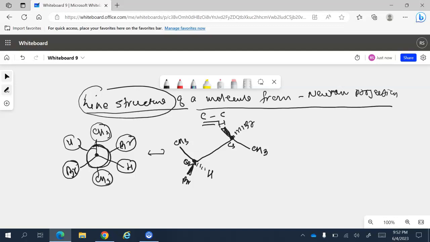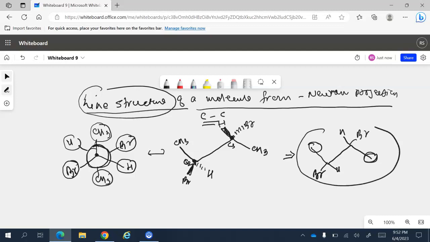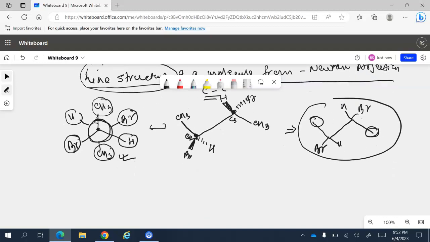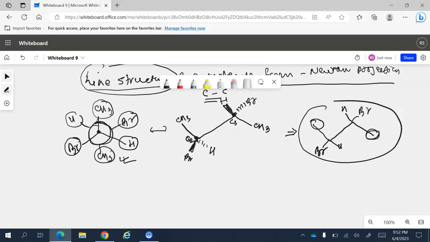In other words, this is the same structure that we can draw as the line angle formula, like this one here: this is CH3 and CH3 group, and you have here bromine and hydrogen and the other hydrogen and bromine. So this is the line angle structure for this molecule. That is how we can translate the Newman projection into the line angle structure.